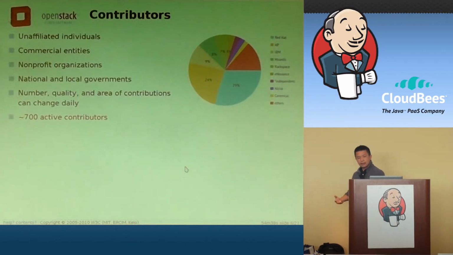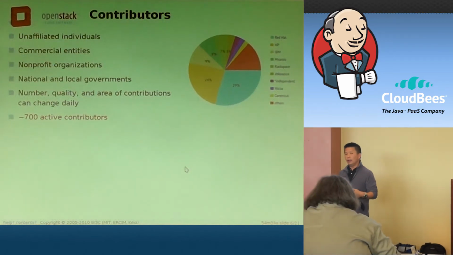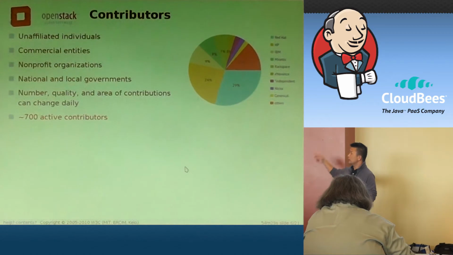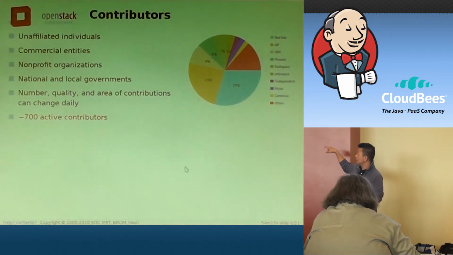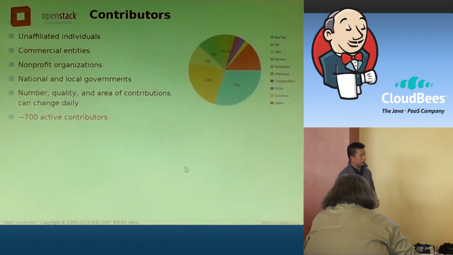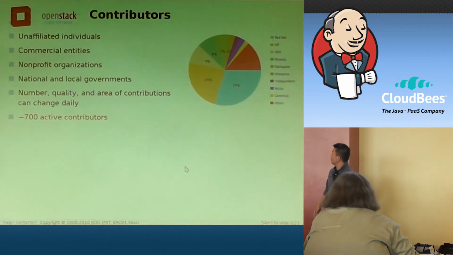OpenStack is obviously open source software, and a lot of the contributions are coming from companies. These are all the different companies that contribute, plus other smaller people or companies as well. These are the big ones: Red Hat, HP, IBM, Mirantis, Rackspace. I think a lot of them are here.